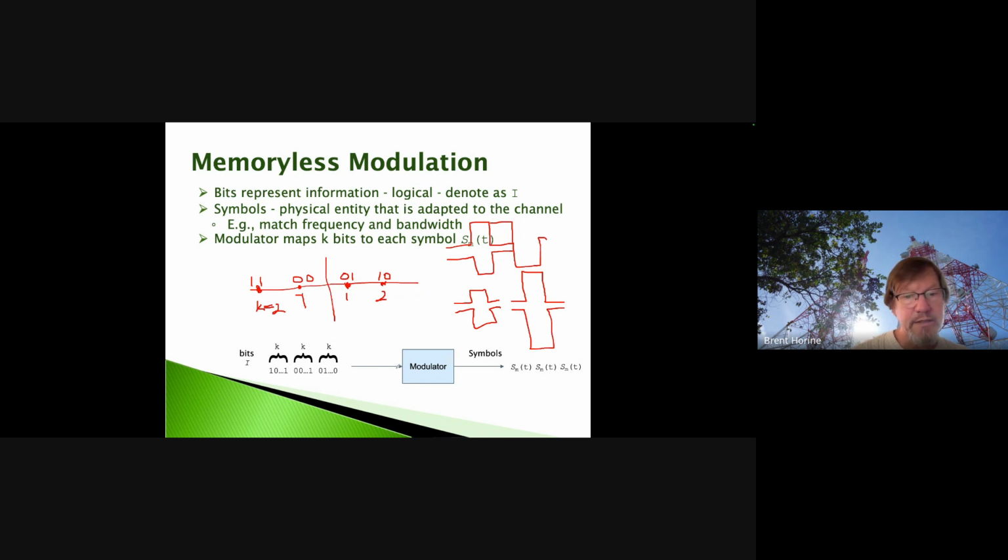The point here is that we only have to send 1 symbol for every 2 bits coming in, instead of the simplest version where K is equal to 1, where I have to send a symbol for every single bit. So our symbols are coming out at half the rate that these bits are coming in.